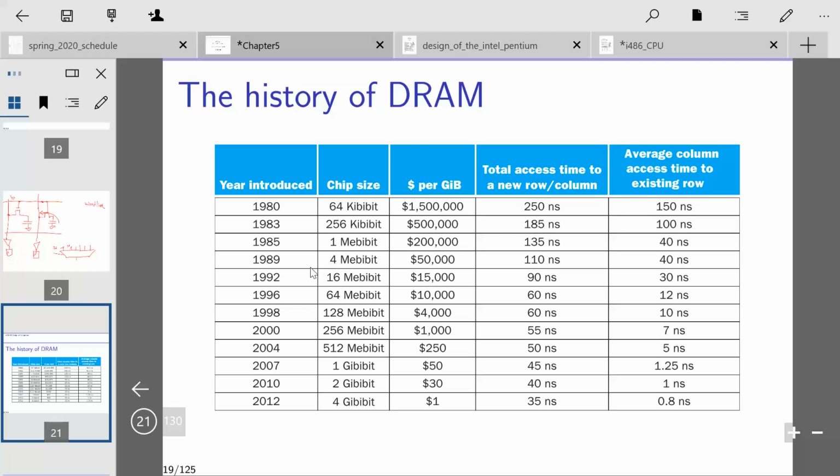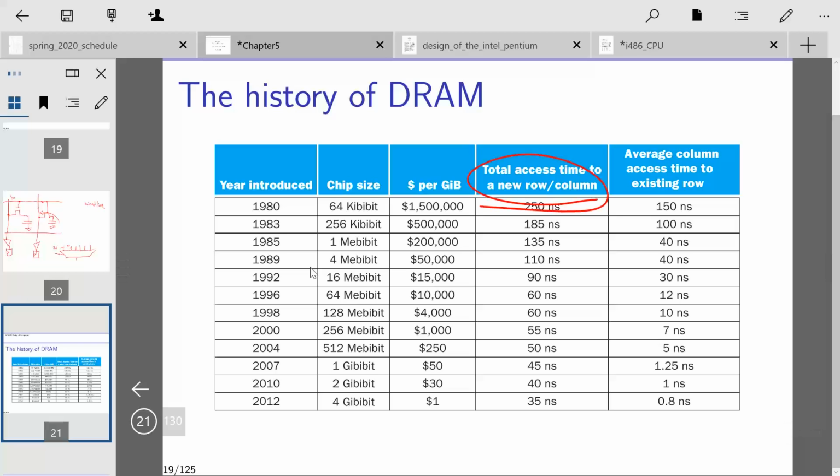Now, what's not shown in this table is the bandwidth increase, and that would be really nice to see, because the bandwidth of these memories has increased quite a bit more than the access time. Notice they say total access time to access a new row or column.